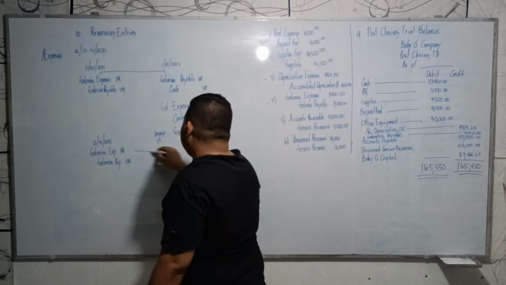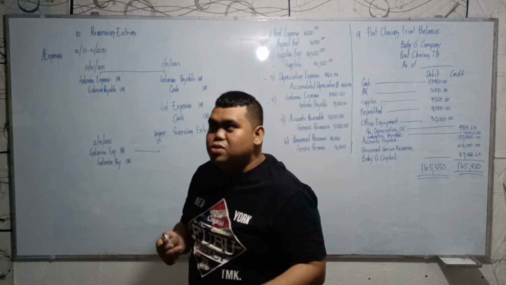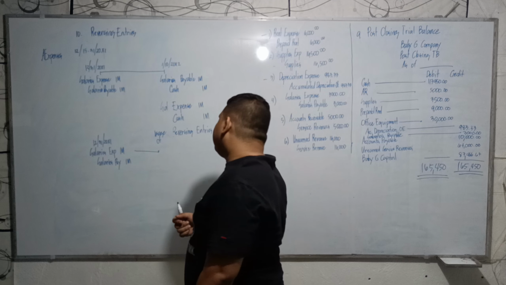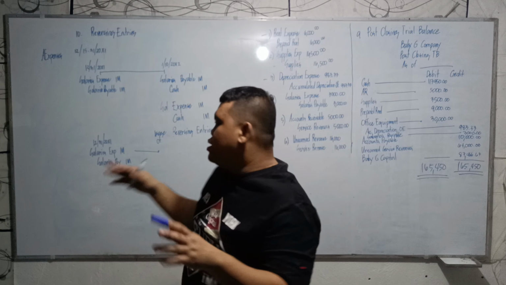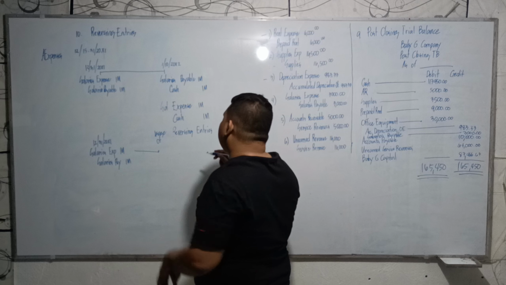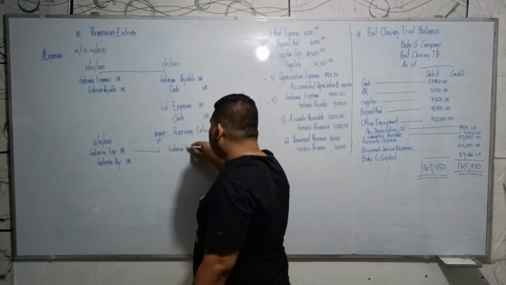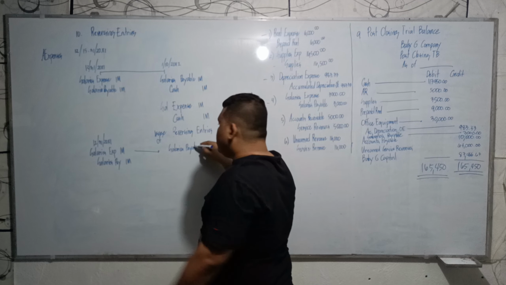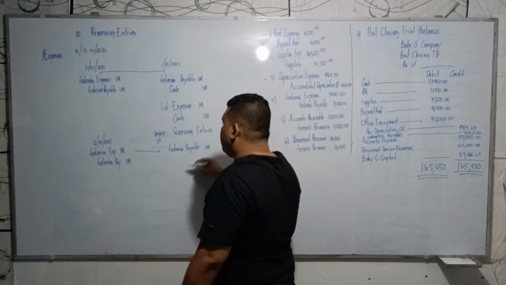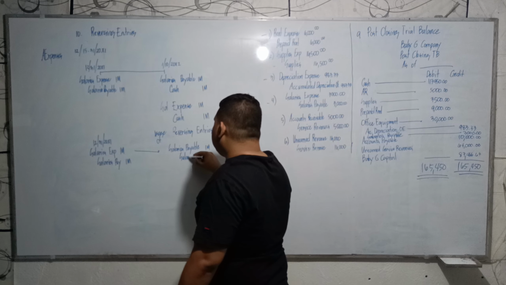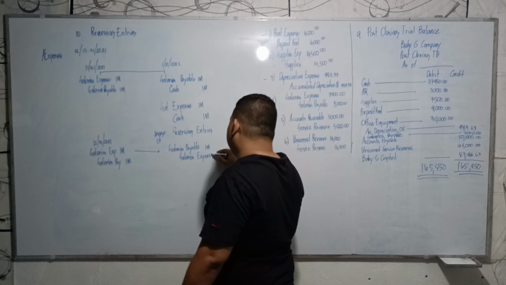So, since you don't like memorizing what are those accrued expenses or accrued revenues that you have recorded, that you have recognized at year end, you are using reversing entry. So what will happen? You have to debit salaries payable. Because you have credited it here, so to reverse that, you have to debit the salaries payable and you have to credit salaries expense. So that's the reversing entry.